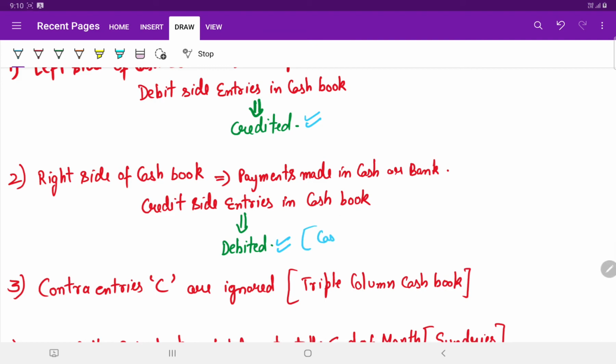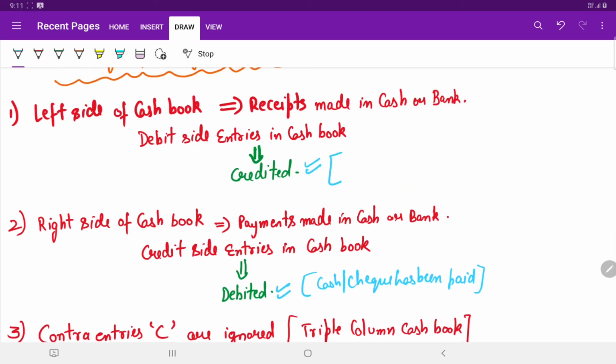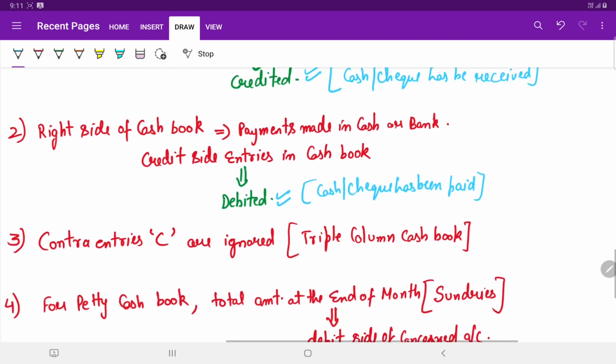Because a cash or check has been paid in lieu of them, whereas the entries which are credited, it is because a cash or check has been received. So for this, the cash and check has been received. It's quite confusing, students, so remember them in their short forms only.